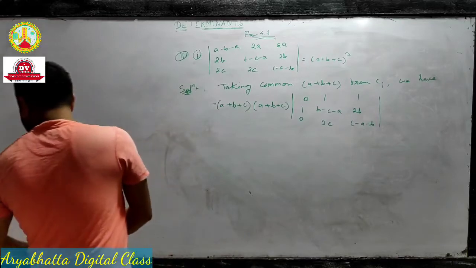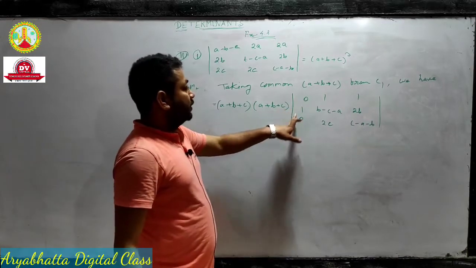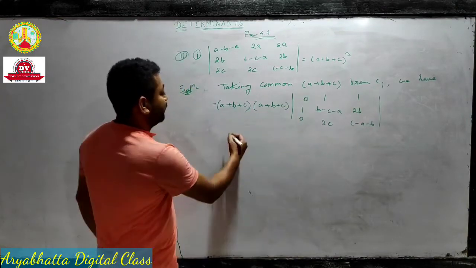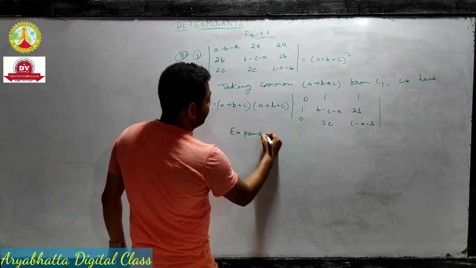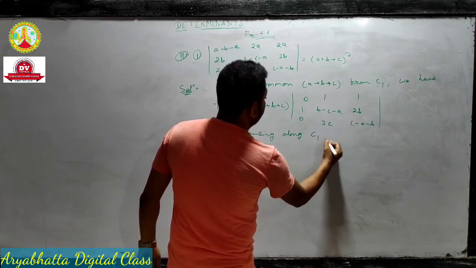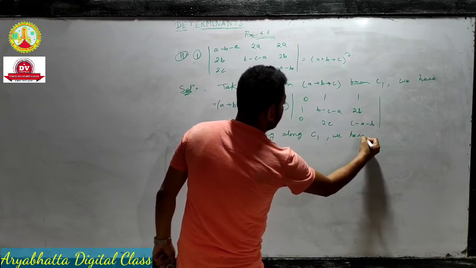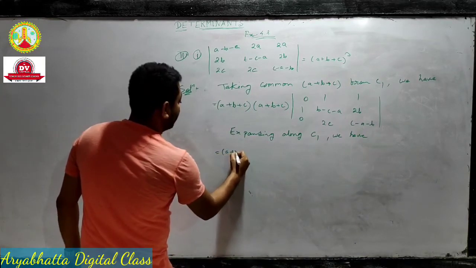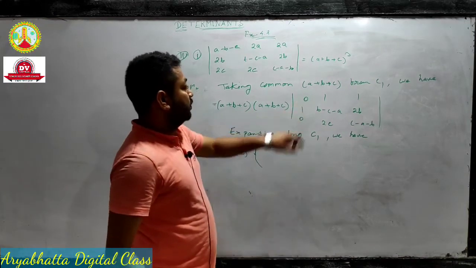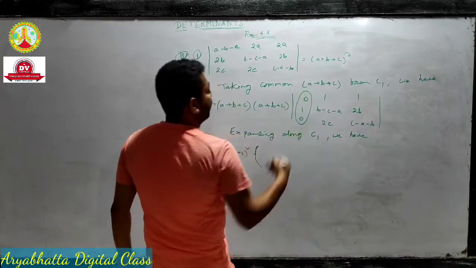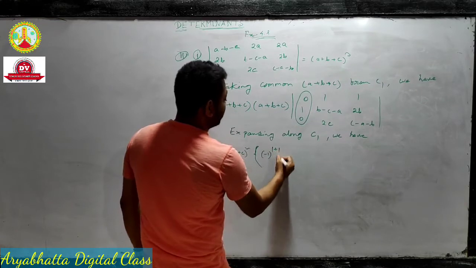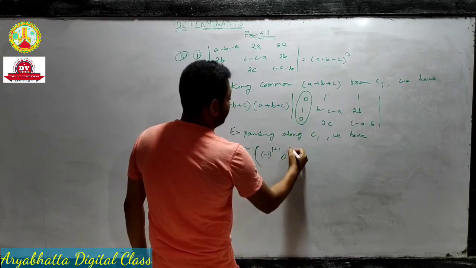Here the maximum number of elements that are 0 is in the first column, therefore expanding along the first column, we have (a + b + c)² times the bracket. For the first element, which belongs to the first row and first column, (−1)^(1+1) and the element is 0.